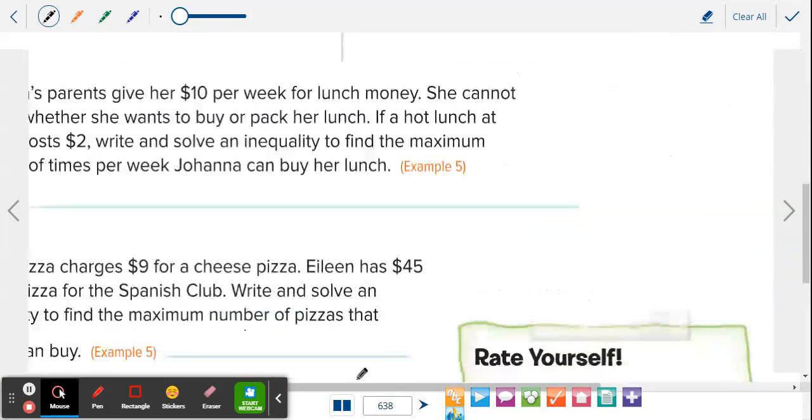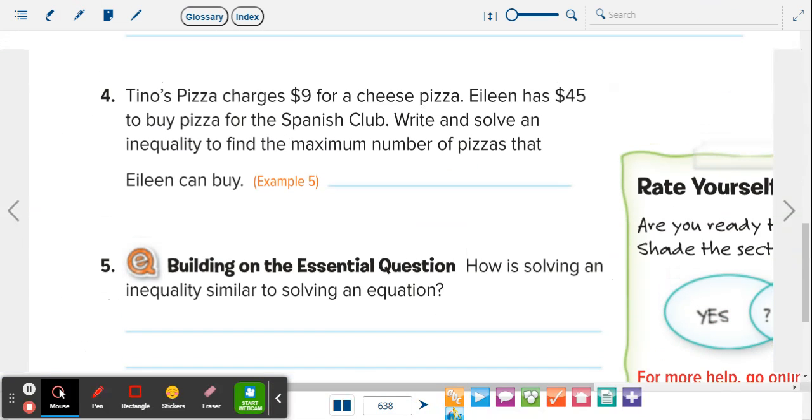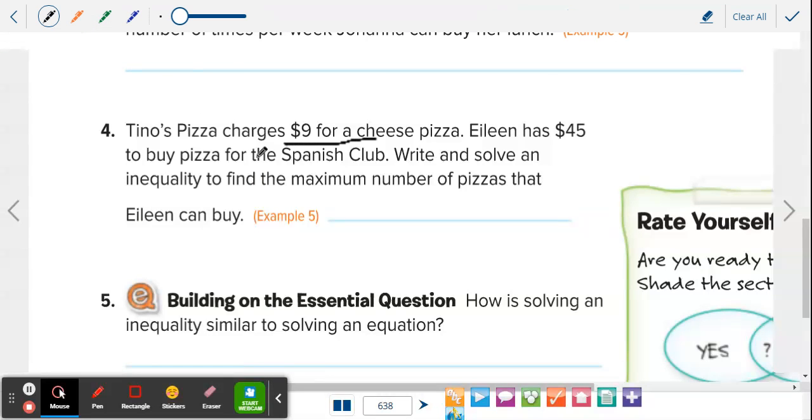So let's go down here, and we're going to do number 4. So Tino's Pizza charges $9 for a cheese pizza. So I'm going to underline that. So we know the pizza joint charges $9 for a pizza. Okay, Eileen has $45 to buy pizza for the Spanish Club. So they want us to write and solve an inequality to find the maximum number of pizzas that Eileen can buy.